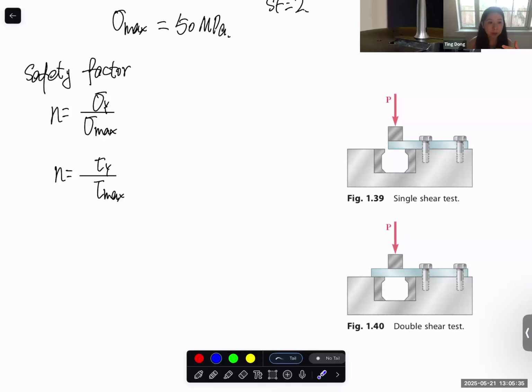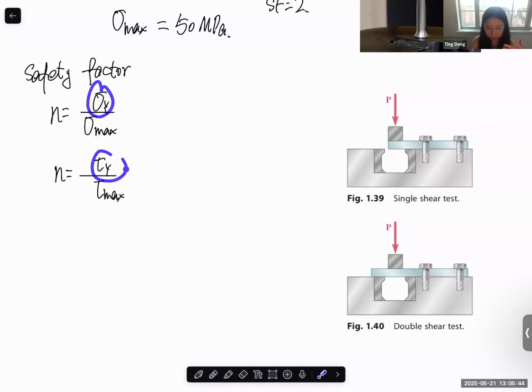I want to emphasize here that safety factor should always be calculated based on the stress. And this stress I put as yield strength here because yield strength is the starting point of plastic deformation, and most of the time we consider that when there's plastic deformation, you consider failure.